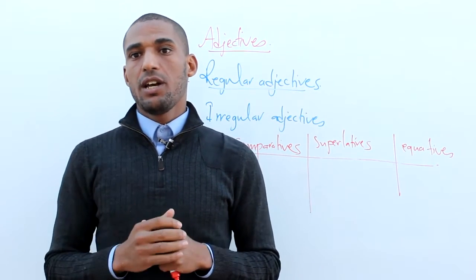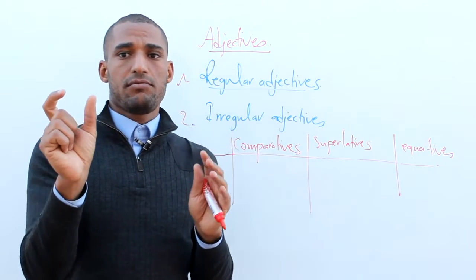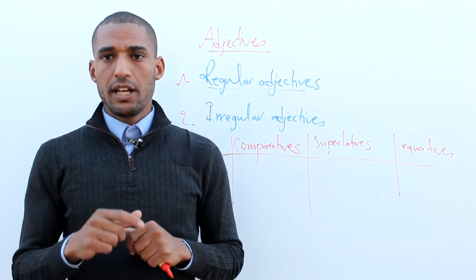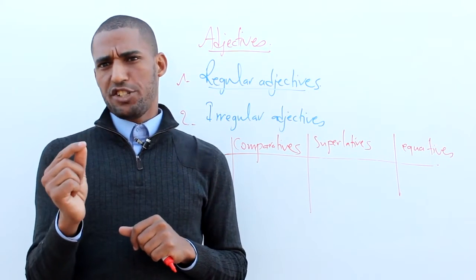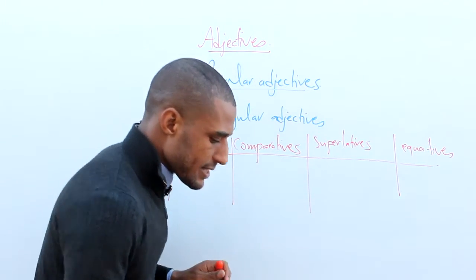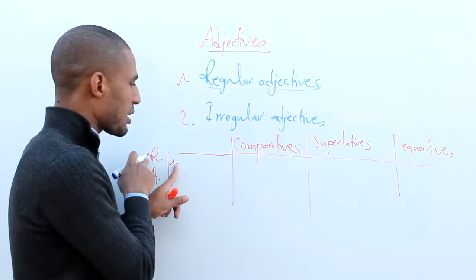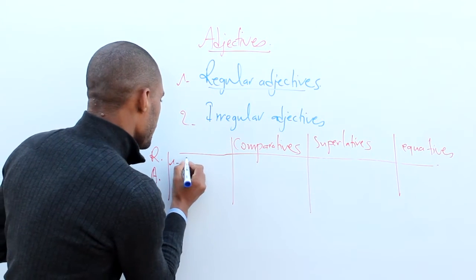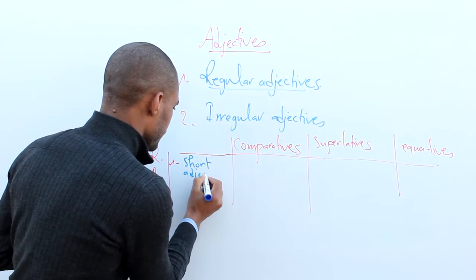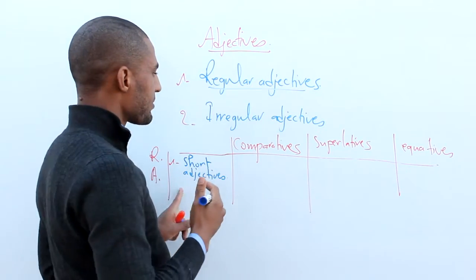So it is an open syllable. Anyway, this is what a short adjective means. It is an adjective that consists just of one syllable, right? Good. So let's make it this way. So we got here the first type of regular adjectives are short adjectives, right? One syllable adjectives, right?